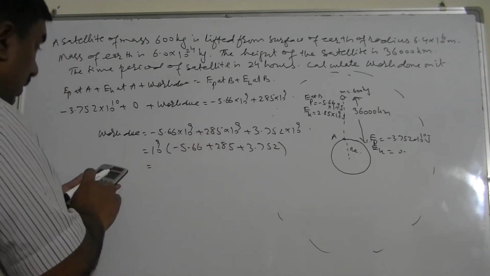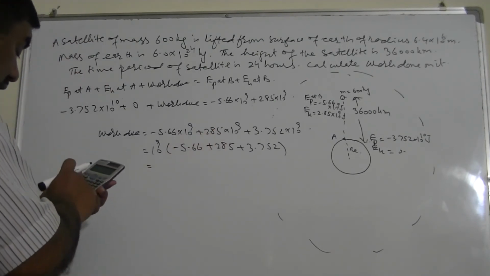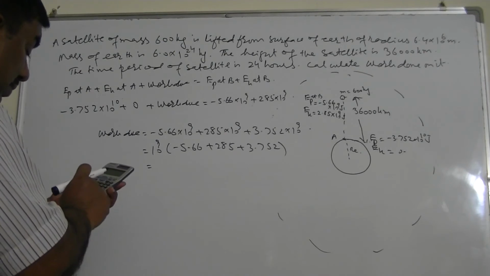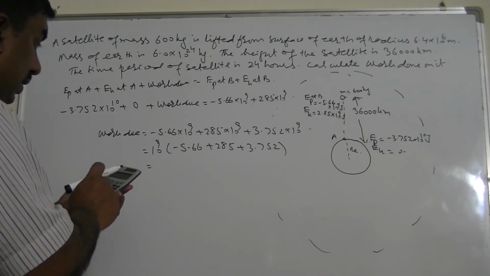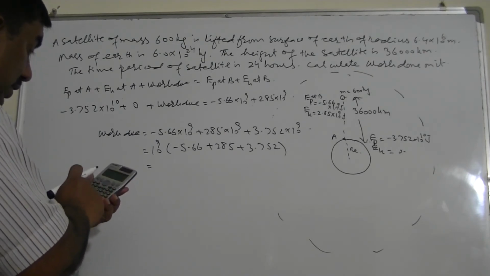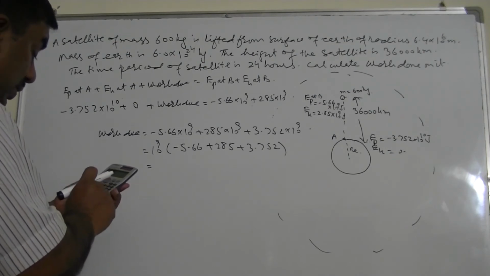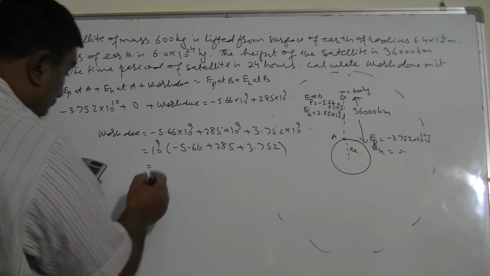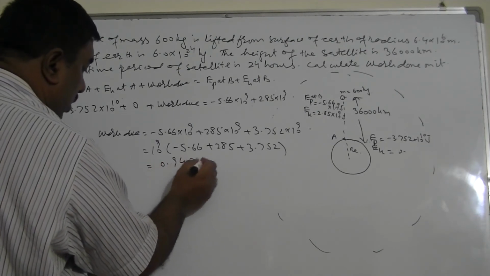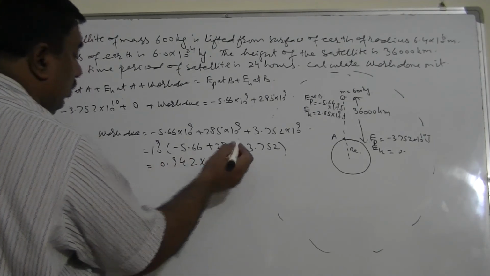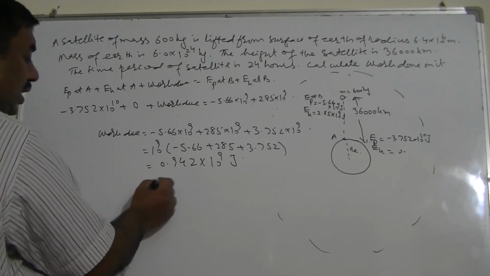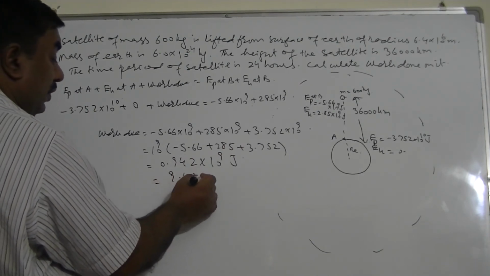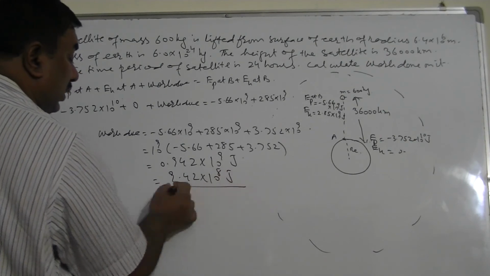So it is minus 5.66 plus 2.85 plus 37.52. It is coming 0.942 into 10 power 9 joules, or if I wish, I can have 9.42 into 10 power 8 joules. This is the work done.